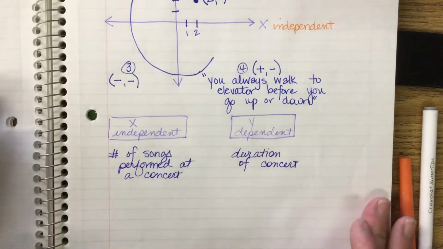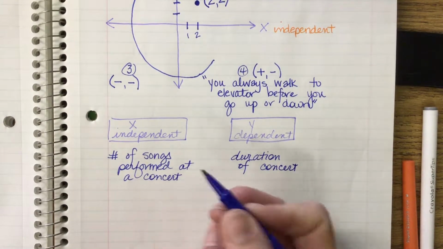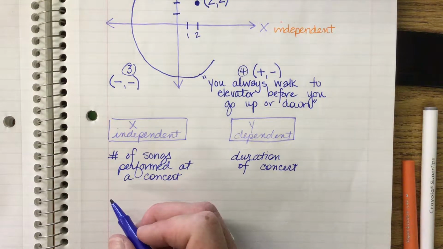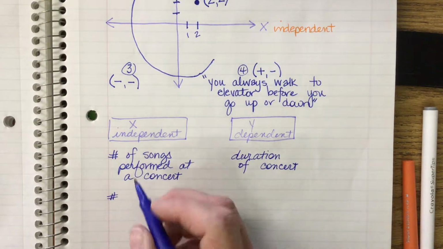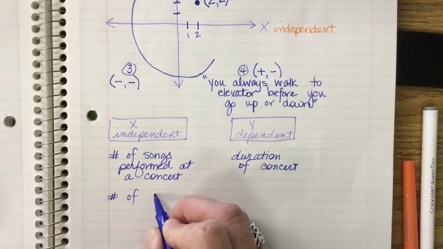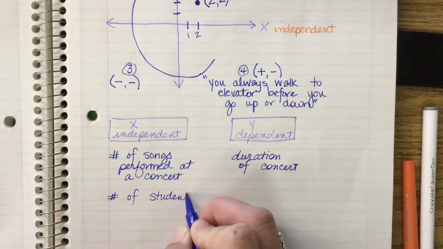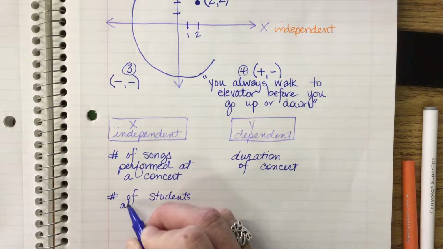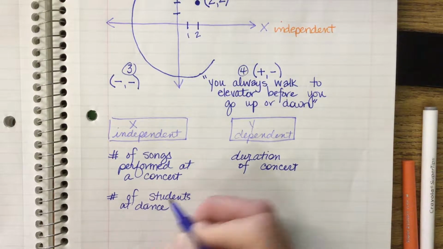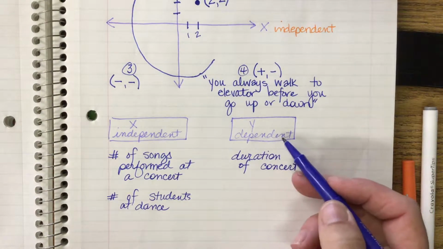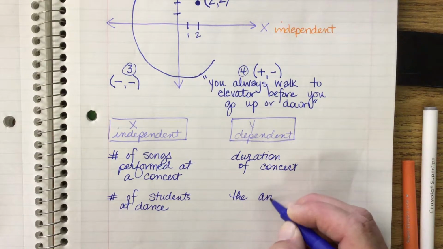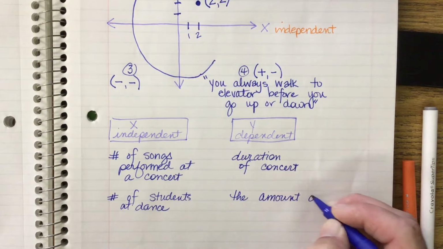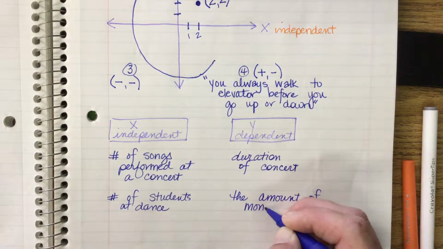Let's do the last dance that we did. The number of, yes, that's a number sign, not a hashtag. So number of students at the dance. My dependent, my y, was the amount of money raised.